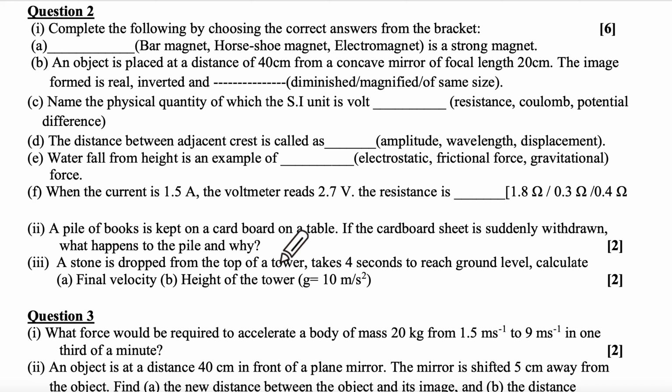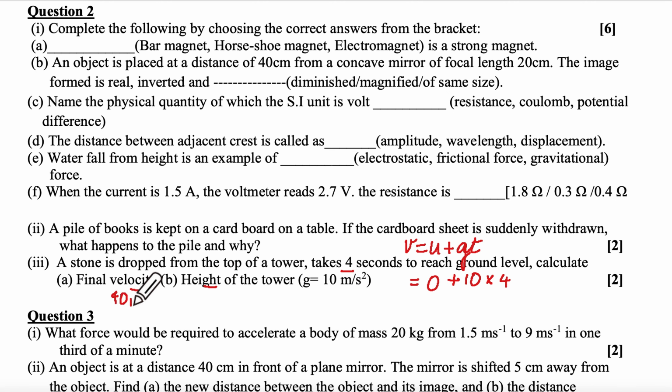A stone is dropped from the top of a tower and takes 4 seconds to reach the ground. Calculate the velocity and the height of the tower. V is equal to U plus AT. They are asking first the velocity. So initial velocity is 0. You take 10 as A, that is g, into 4. So I'm getting 40.